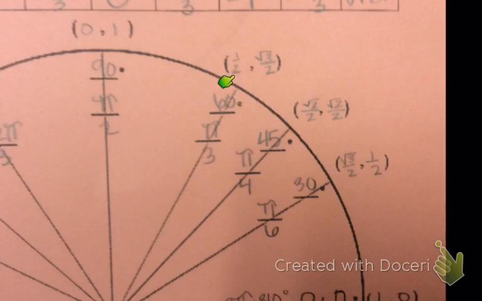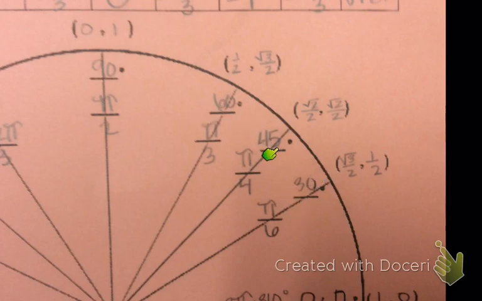If you look back at your first cofunction identity, you said sine of theta equals cosine of pi over 2 minus theta. So in other words, sine of 30 equals cosine of 60, or cosine of 30 equals sine of 60. Essentially their coordinates just flip when you look at angles that add up to 90 degrees together.